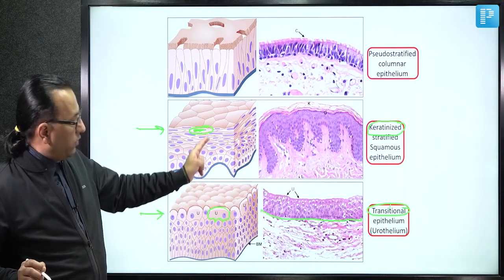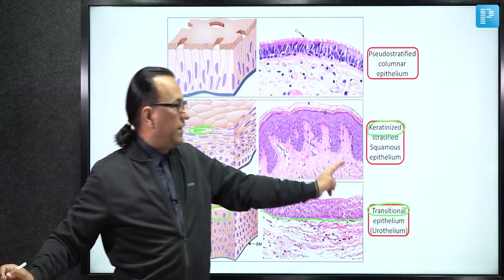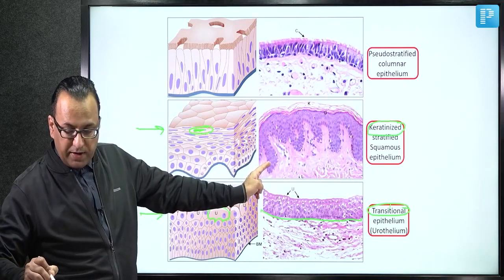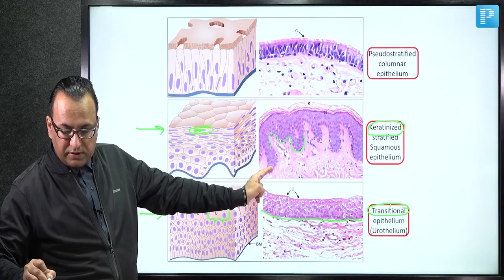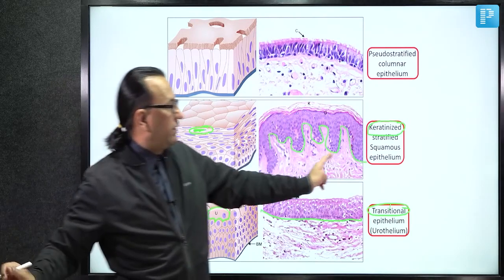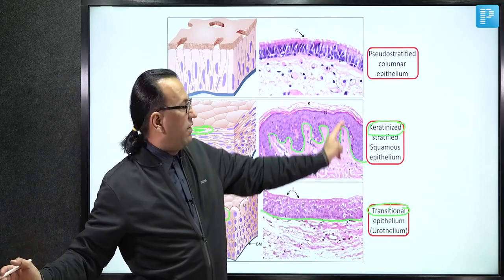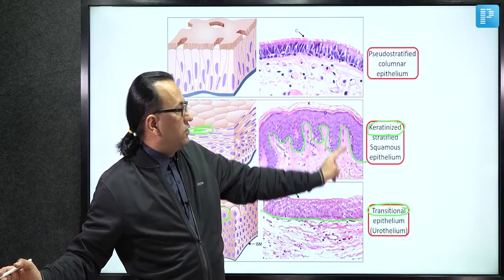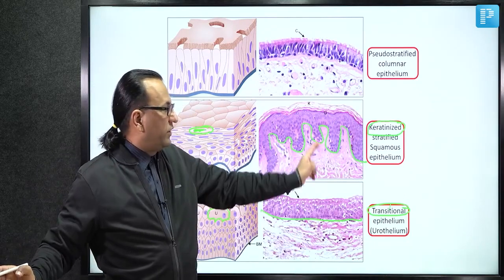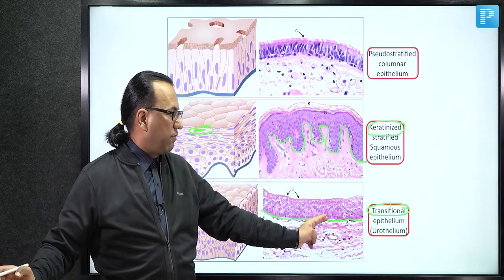But in the skin epithelium, which is keratinized stratified squamous epithelium, the basement membrane is not going straight. It has a papillary appearance because of the subepithelial connective tissue, the dermis, having a papillary layer of dermis. So sometimes we have to use multiple methods to differentiate between the various types of epithelia.